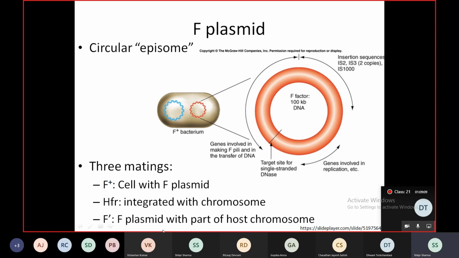And a third kind of mating, we will cover all these matings. So F plus into F minus, HFR into F minus, and the third type is F prime. Now F prime, like you saw in the specialized transduction, is when the excision of HFR back to its independent moiety is incorrect. So again, F prime will have a part of the host chromosome integrated into it. So even F prime can mate with F minus.